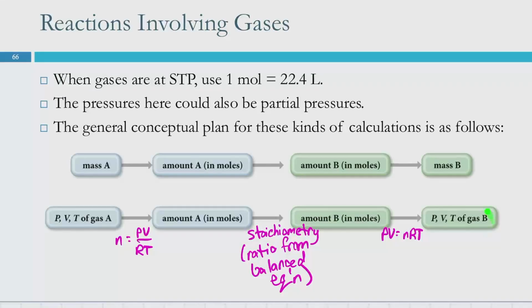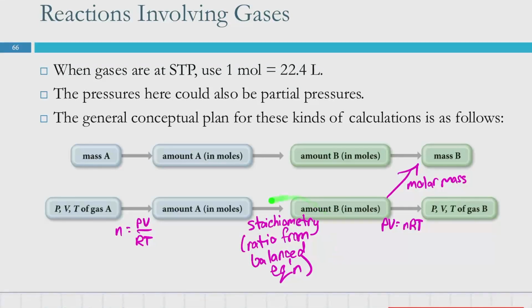We could also switch up this last step. We could go from moles to mass. That would also be an option, in which case we would be using molar mass instead. So we've got a couple of different ways that we can swap out some of these steps. The stoichiometry part, anytime we're doing a reaction, we're always going to be doing that ratio step in the middle. But the rest of the parts are fairly interchangeable.